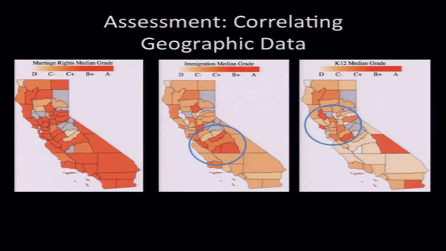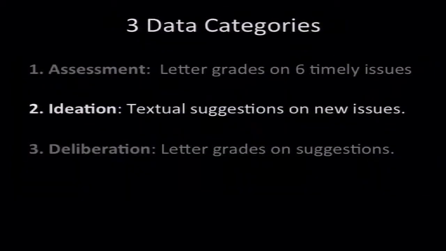For the immigration issue, in the urban Central Valley, like Fresno and Bakersfield, we see a statistically significant increase in grades. Perhaps it's due to more awareness about the services the state provides for undocumented immigrants. This is particularly significant because for all the other issues, the Bay Area tended to grade the state more positively than other regions.